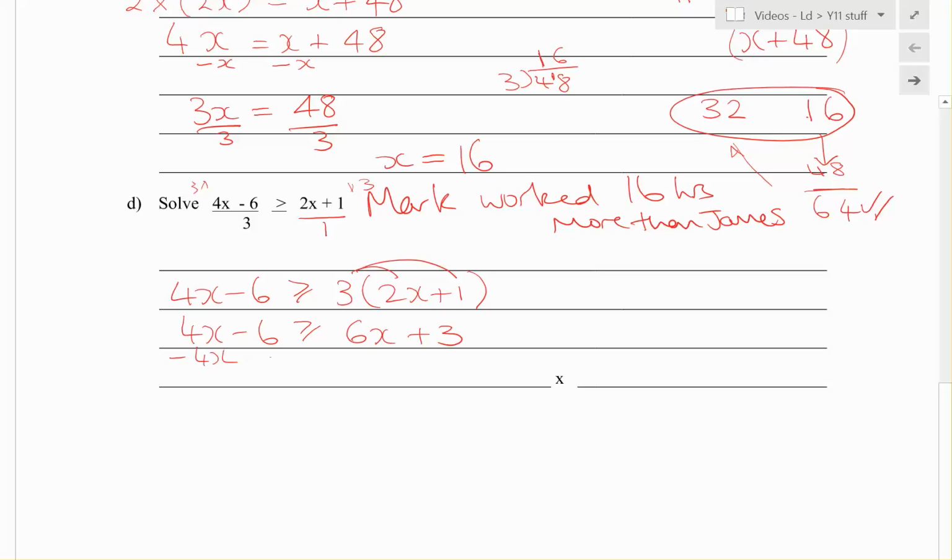I'm going to subtract 4x from both sides to keep the x's positive. Then I'm going to minus 3 from both sides. Minus 3 minus 6 is minus 9. Careful with the integers. And then we'll divide both sides by 2. So I get x is less than or equal to minus 9 over 2.